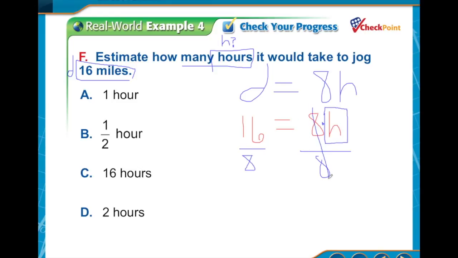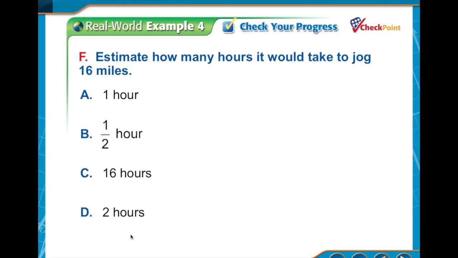So over here, these cancel out. That's just 1. We get just H. On the left, 16 divided by 8 becomes a very easy number. 8 goes into 16 twice. So H, which is hours, it would take 2 hours to go 16 miles at this rate of 8 miles per hour. So looking at our choices, it can become very clear. Our solution must be D, 2 hours.